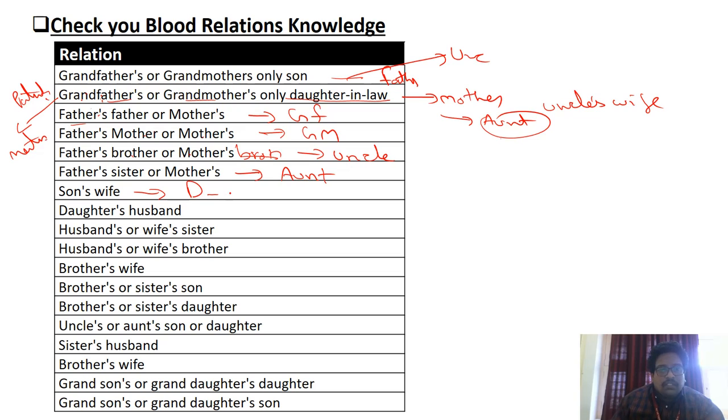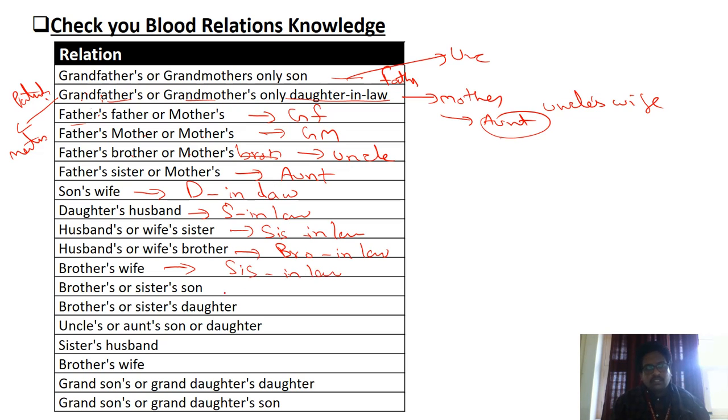Next, son's wife. Who is son's wife? Daughter-in-law. Next, daughter's husband is son-in-law. Next, husband's or wife's sister is obviously sister-in-law. Wife's brother is brother-in-law. Next, brother's wife will obviously be sister-in-law.